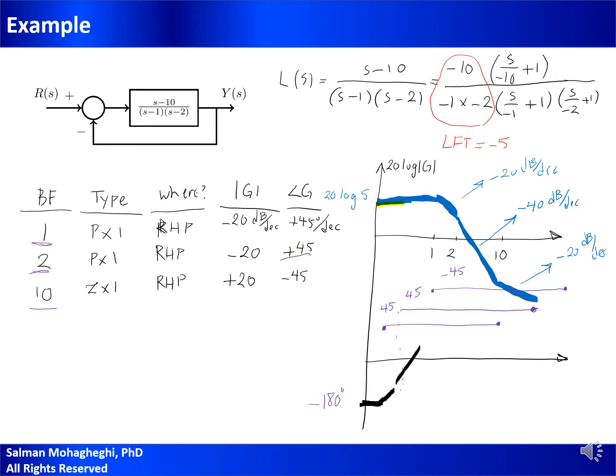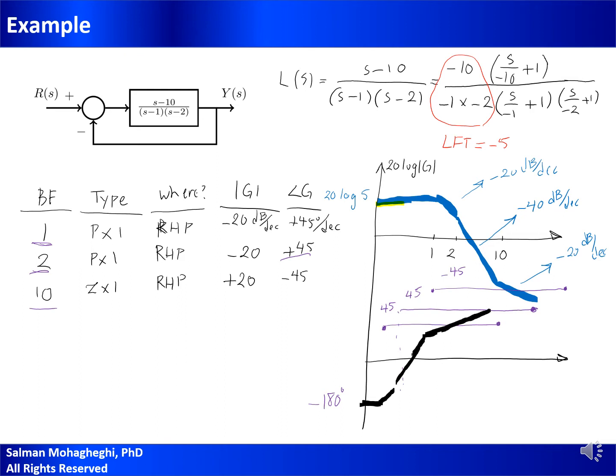So this is going to be, let's say, 90 degrees per decade. And then I will have a 45 here. So from here to here, it's going to be 45 plus 45 minus 45.